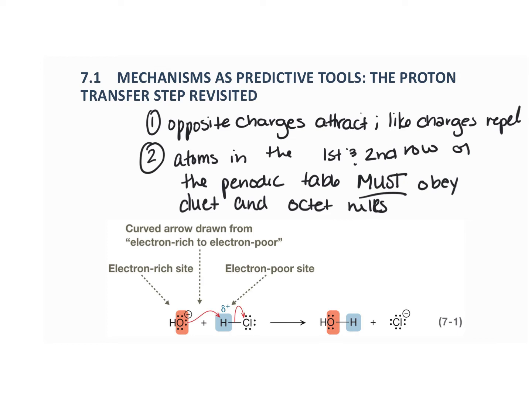So I want us to look at the mechanism shown here in 7.1. I want you to notice that the OH bears a negative charge, and that's shown here. This is a really electron-rich site. There's lots and lots of electron density here. I want you to notice that in HCl, the chlorine is really electronegative.